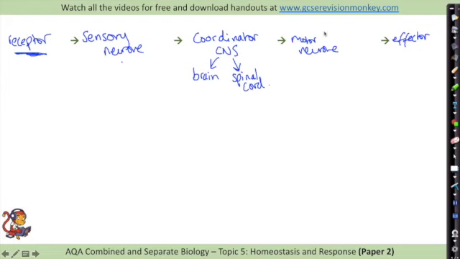The motor neuron will coordinate the response, and the effector could be a muscle to help your hairs on your arm stand on end, or in a different pathway it could be a gland, which will then perhaps secrete a hormone or something like that. So the effectors themselves are either muscles or glands. So this is a pathway that you will have to remember off by heart.